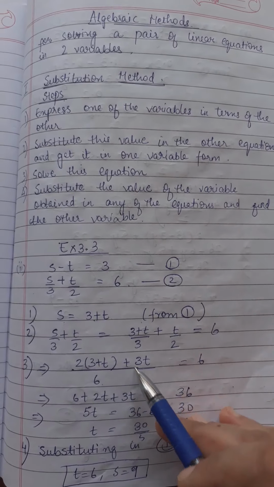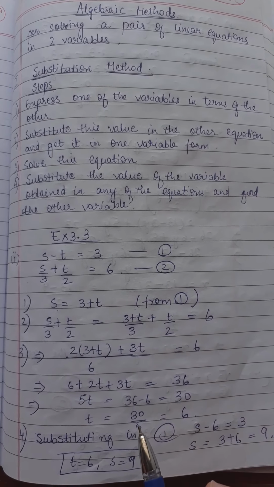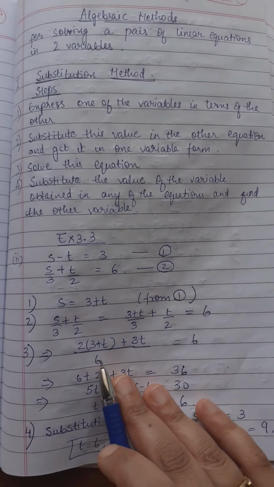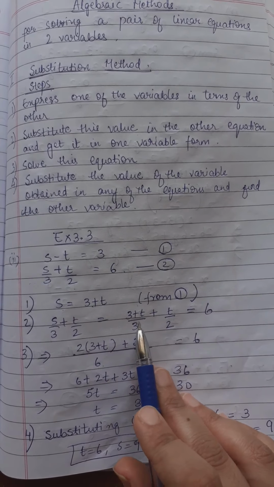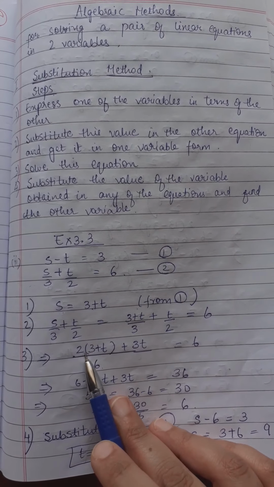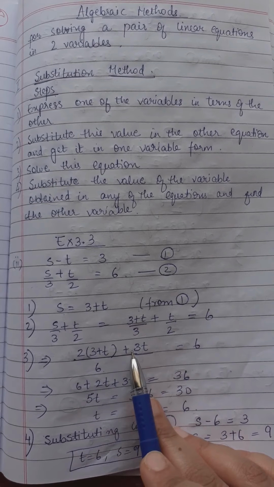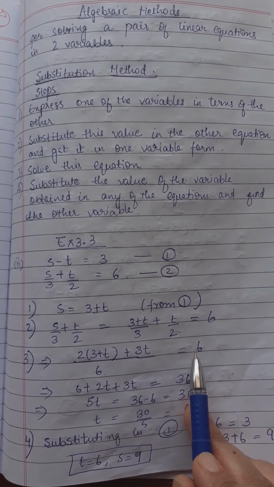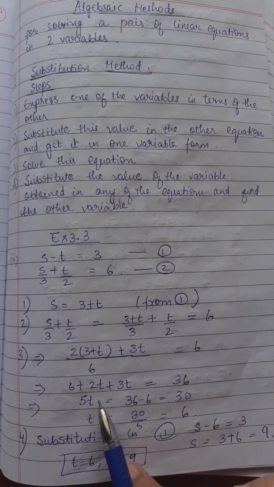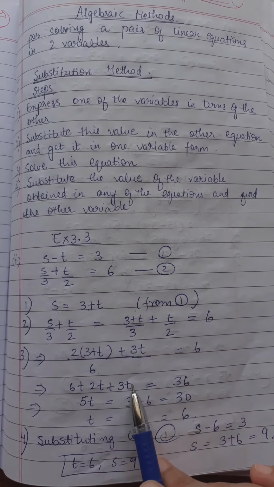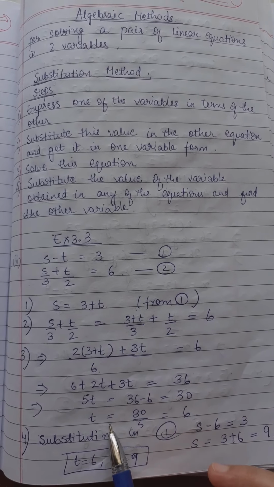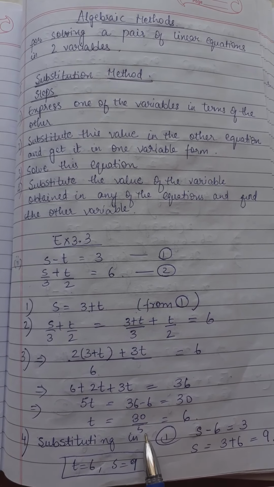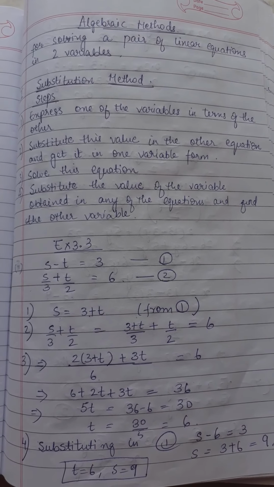If I solve this equation, I can obtain the value of one of the variables, that is t. I will simplify this by taking LCM: 2 into (3 plus t) plus 3t is equal to 6. After simplification, cross multiplication, I get the t value equal to 30 by 5, which is 6.